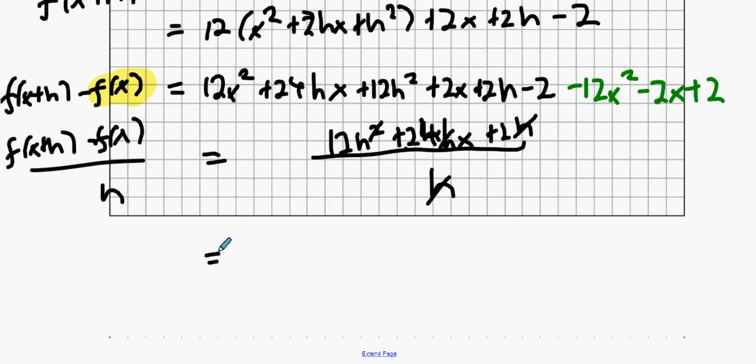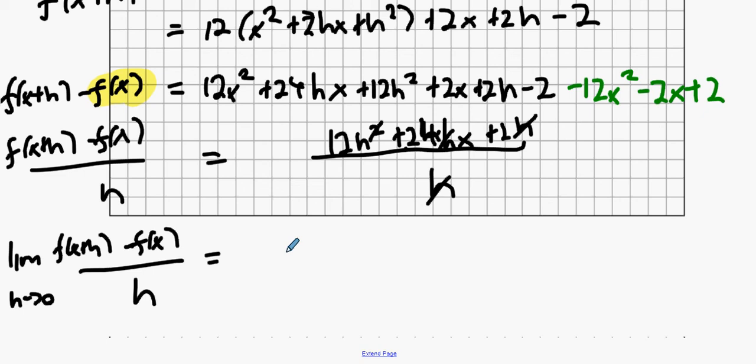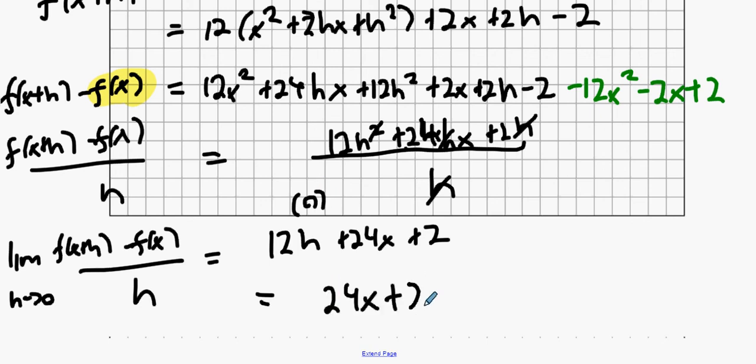Okay, and we're going to do the limit as h approaches 0 of f of x plus h minus f of x all over h. Alright, so it's going to be 12h plus 24x plus 2, and we sub in h equals 0, and the answer will be 24x plus 2, and that's your answer.